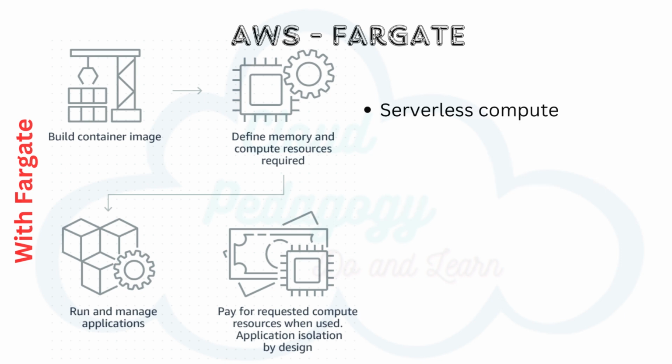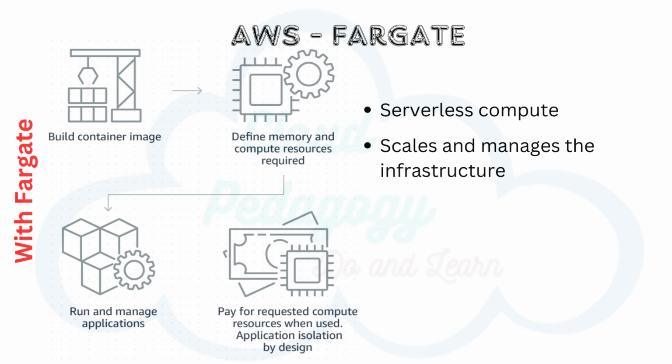With AWS Fargate as the compute platform, you run your containers on a managed serverless compute platform. AWS Fargate is a purpose-built serverless compute engine for containers. Fargate scales and manages the infrastructure, allowing developers to work on what they do best, like application development. The scaling and fault tolerance is built in, and you don't need to worry about the underlying operating system or the environment.